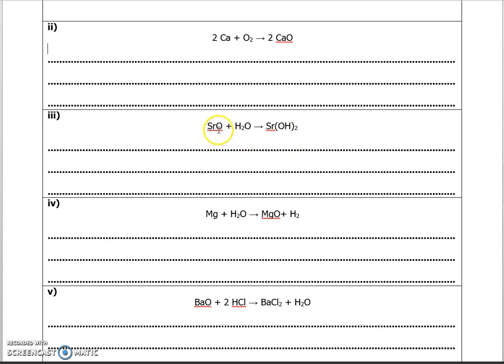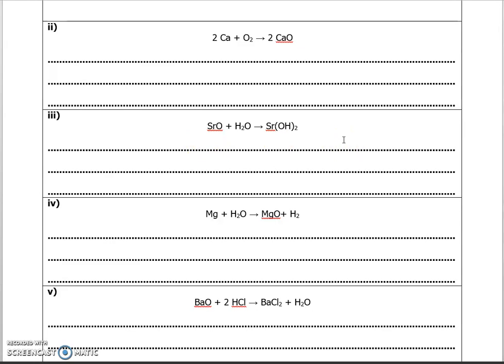Oxygen here has an oxidation number of -2. If we look over here, this oxygen in hydroxide also has an oxidation number of -2. This oxygen in water has an oxidation number of -2. You saw that in the previous video. And hydrogen has an oxidation number of +1, and over here it's also +1. So this is not a redox reaction.